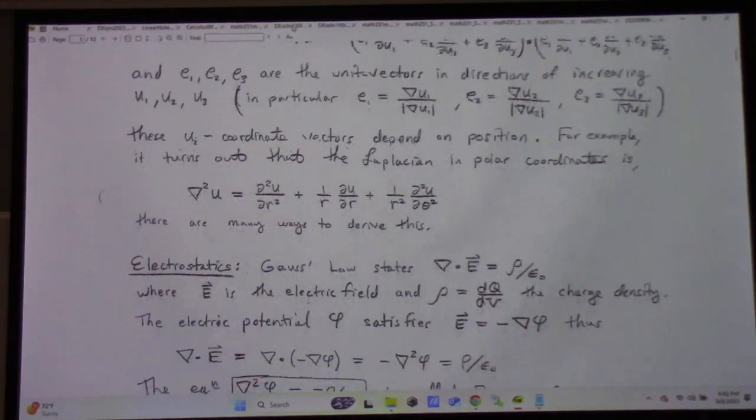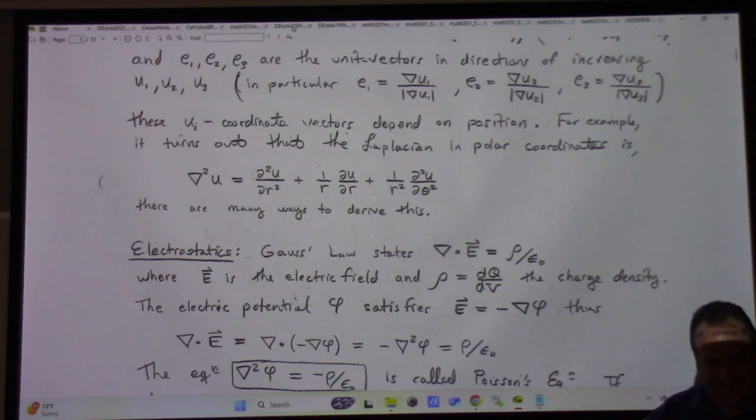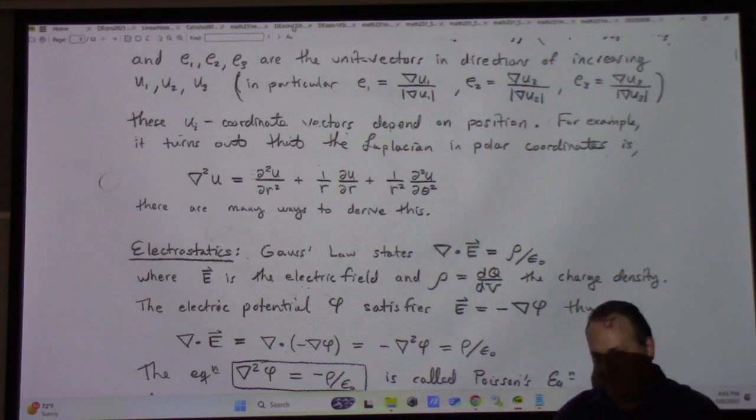We're not. So one of the things I should talk about here, and I'll post this in course content for you guys, is the Laplacian in polar coordinates. It turns out this is what it looks like in polar coordinates. Now these are math polars, so my apologies. I'm violating the sacred division between math and physics notation.